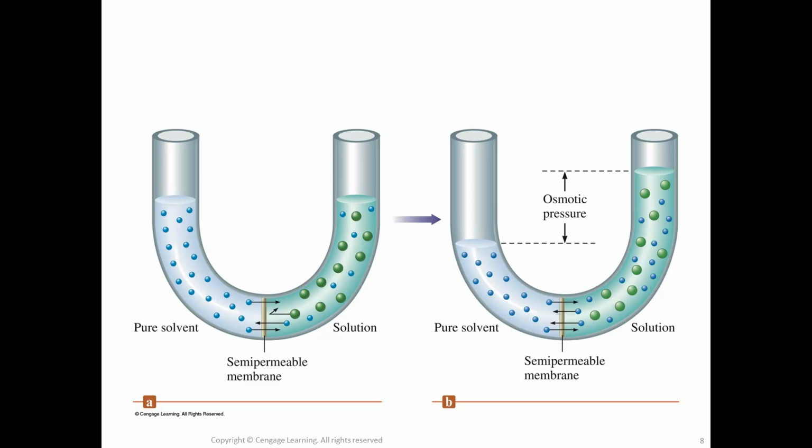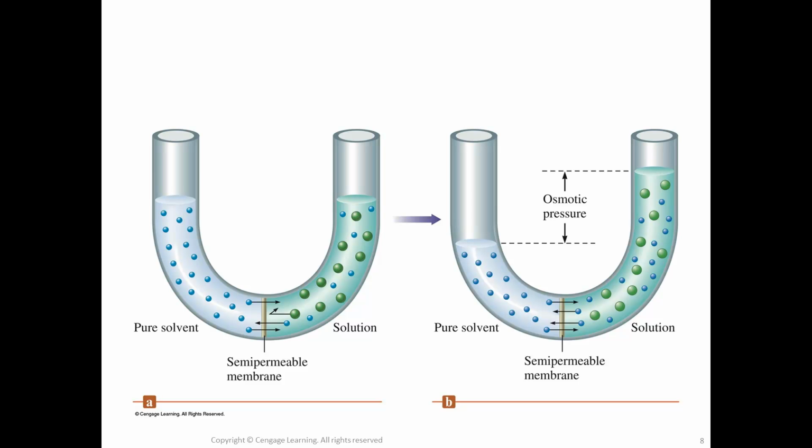When cells are exposed to hypertonic solutions, solutions which have an osmotic pressure greater than that of the cell fluids, the cells will shrivel in a process called crenation.